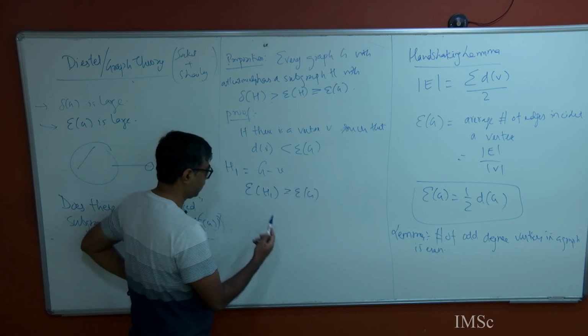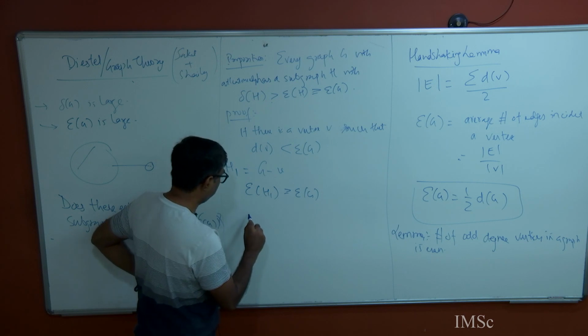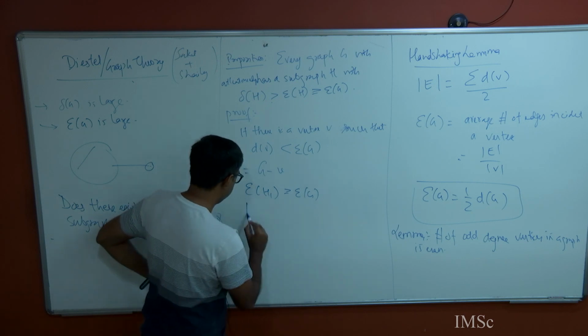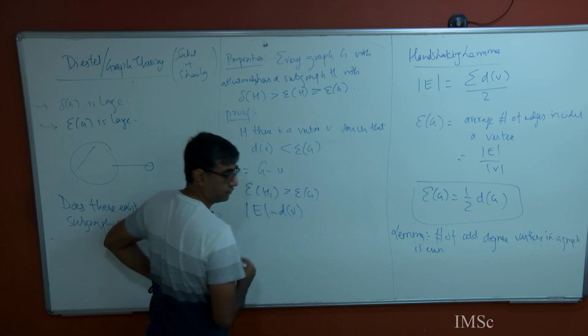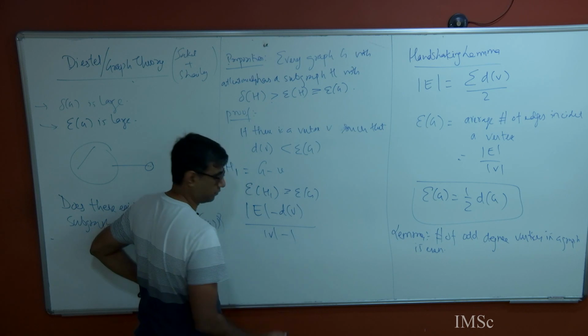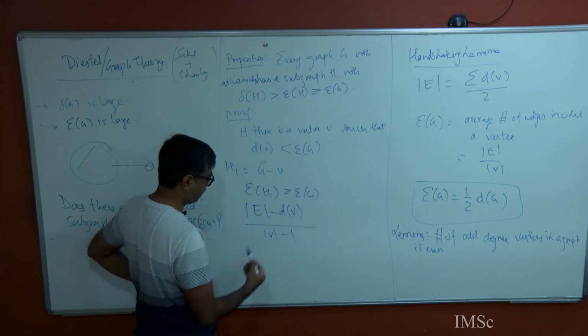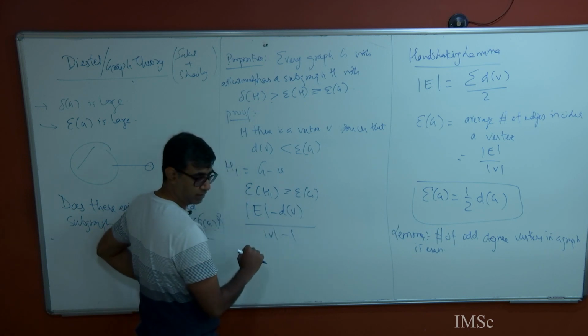Imagine yourself, okay? So what happens in this case? You are going to delete, so E minus dV divided by, let's say, V minus 1. This is what it is. But what are we interested in now? This is what we are interested in, right?